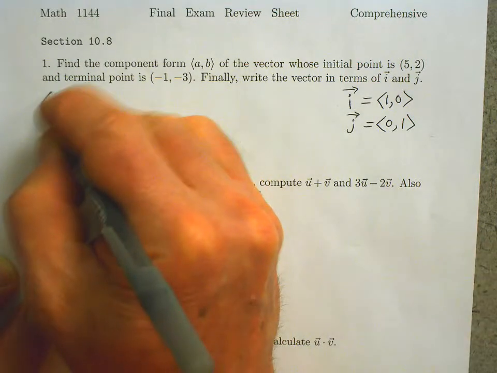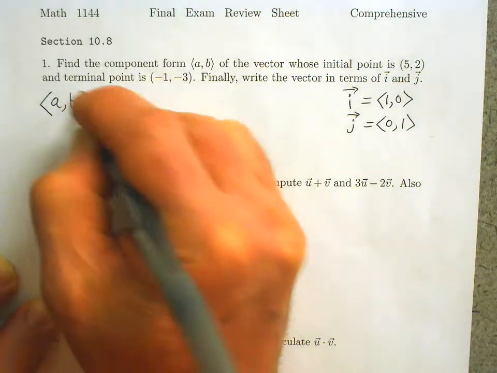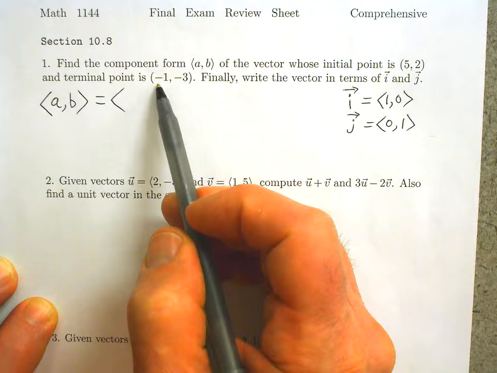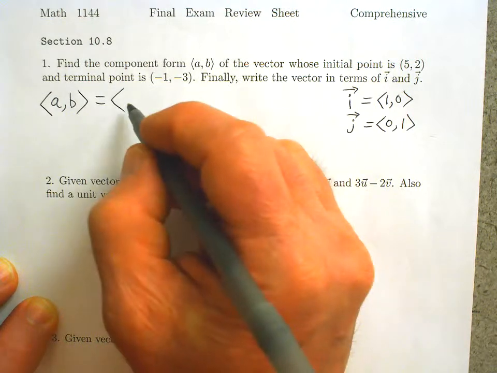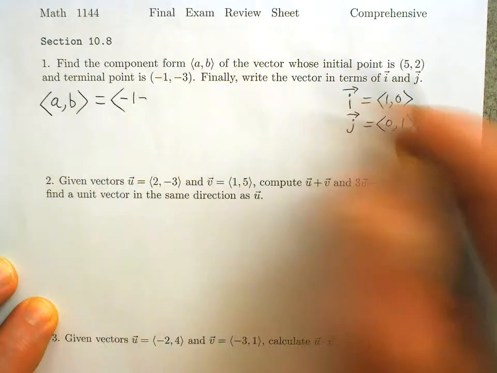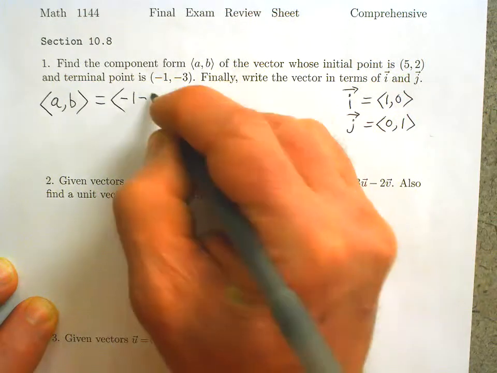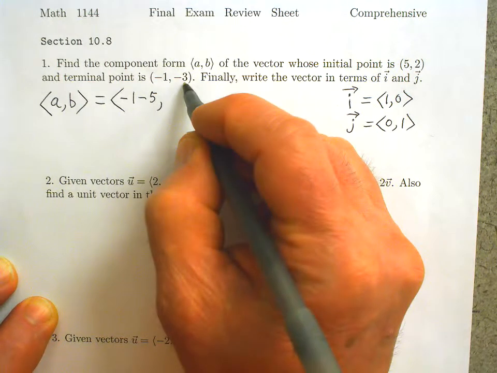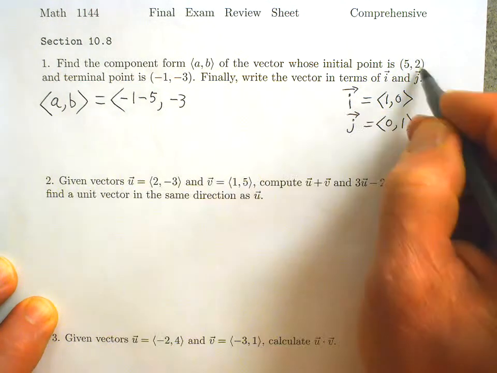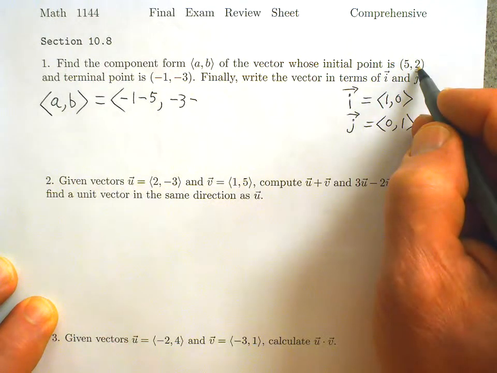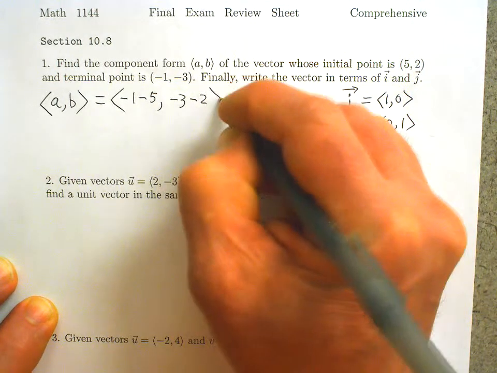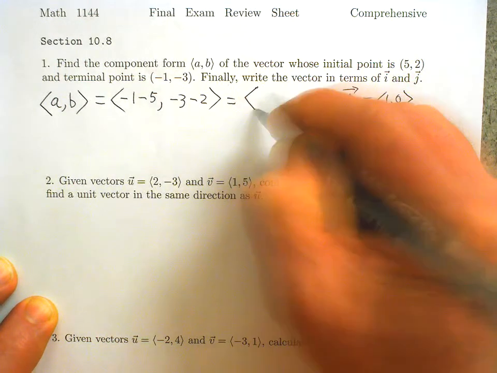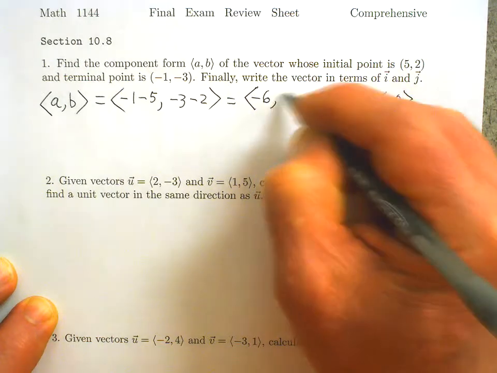Okay, so the component form AB, well, at the terminal point, the x-coordinate is negative 1, so we write negative 1, and then we subtract the x-coordinate of the initial point. And then for the y-coordinate, the terminal point is negative 3, and from that we subtract the y-coordinate of the initial point. So we get the component vector negative 6, negative 5.